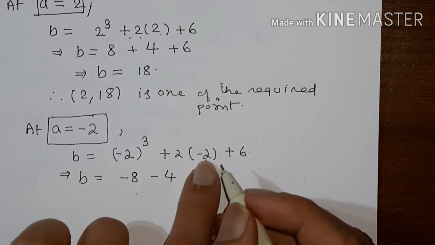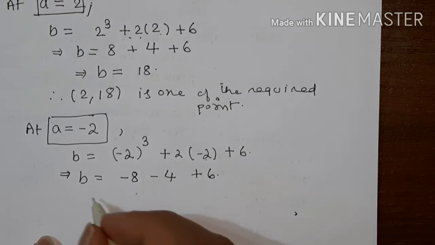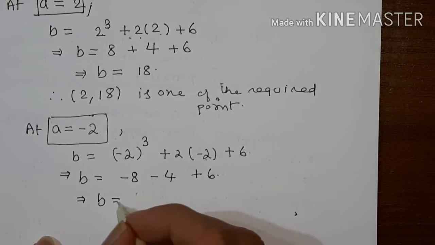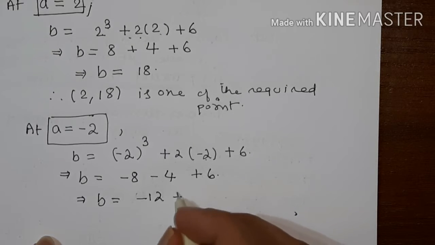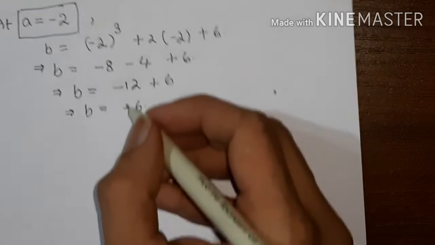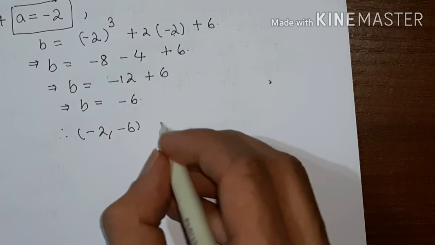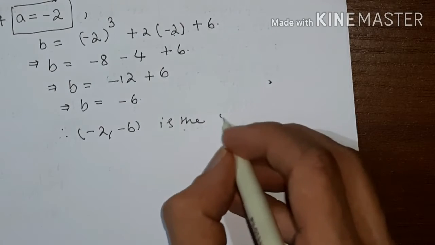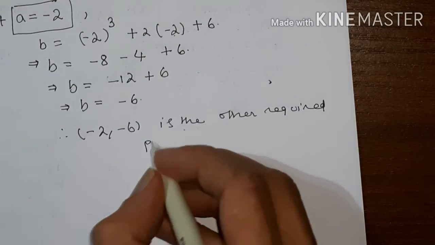So b = −8 − 4 + 6, which is −12 + 6. So we get b = −6. Okay, so therefore (−2, −6) is the other required point.